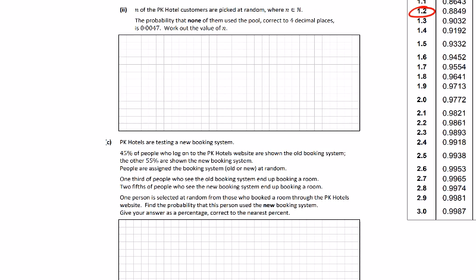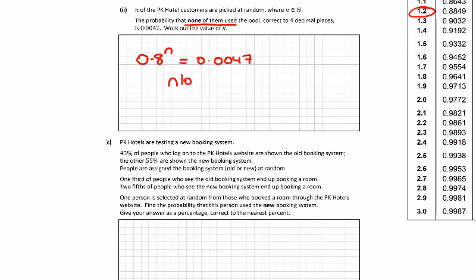Now we're told n of them are picked at random. The probability none of them use the pool. So we could set up a Bernoulli trial, but if none of them use the pool, there's no successes, so it's just failure. We don't know, it could be to the power 10, 20, 30. N, or x, whatever you want to call it, is the answer to this question, and the probability is 0.0047.